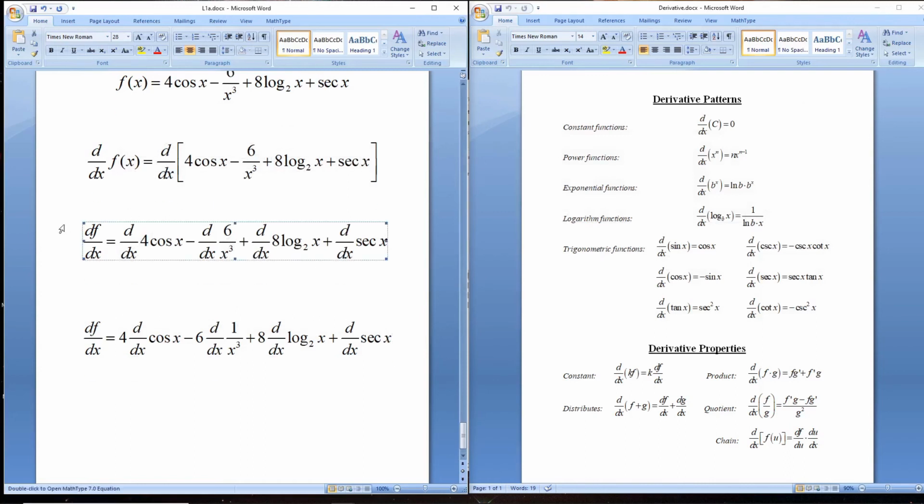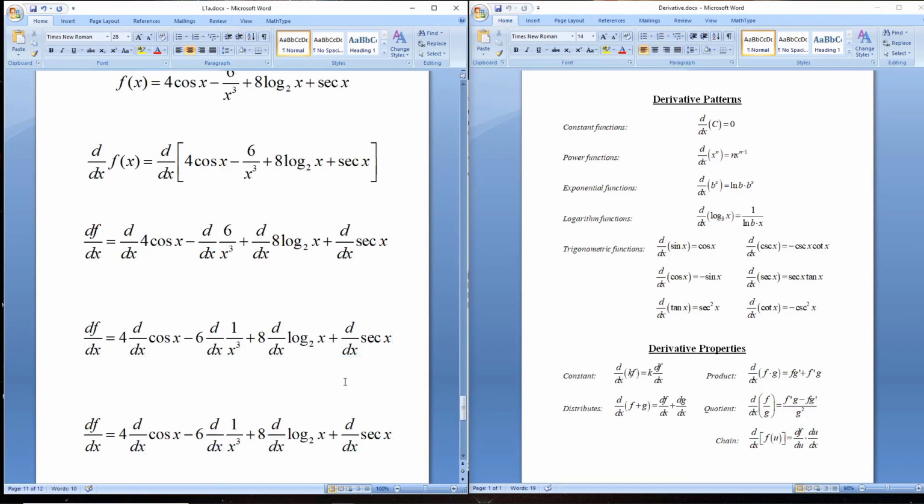So again, this line here distributed the derivative. So use this distribution property. And the next step, I use the constant property, that the constants we can pull outside of the derivative.